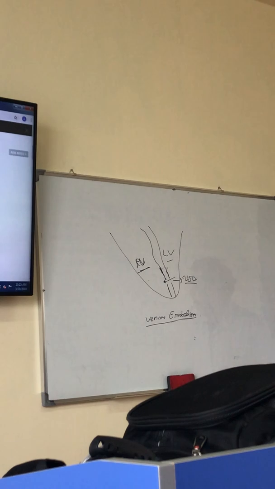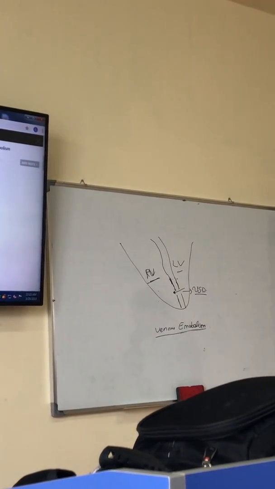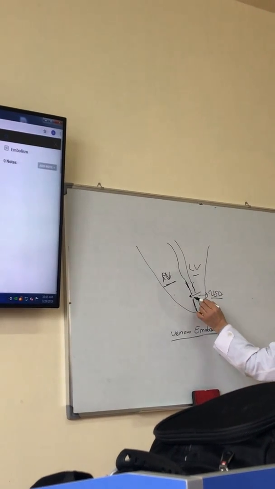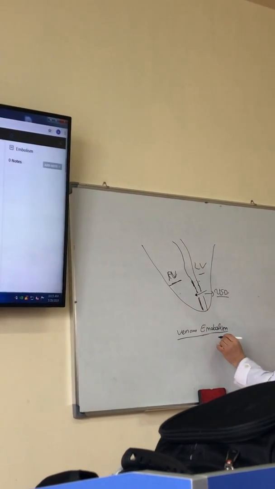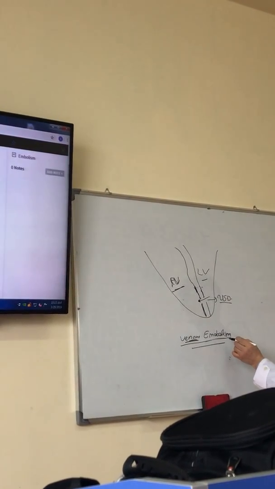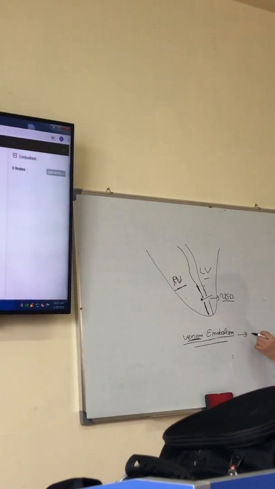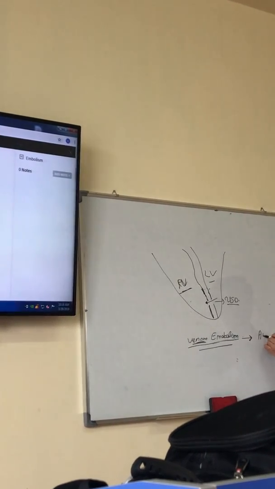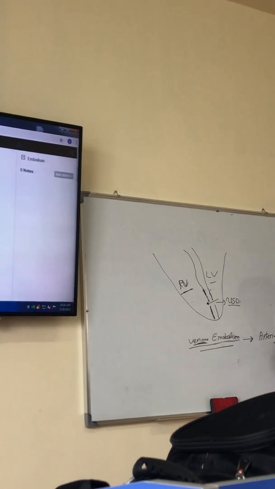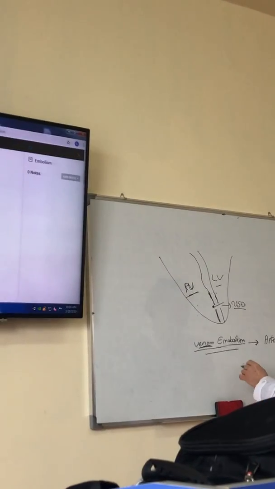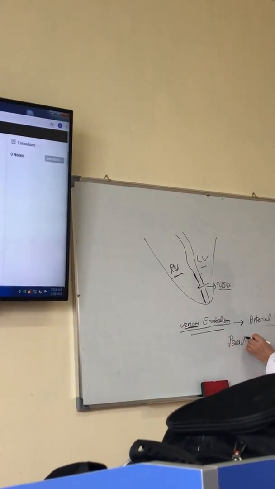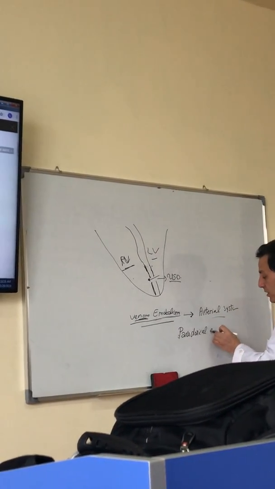This is the most common congenital heart disease, ventricular septal defect, where the septum is open congenitally. When an embolism is present in a vein, due to the presence of this septal defect, it can travel to the arterial system, the arterial circulation. And this is called paradoxical embolism.